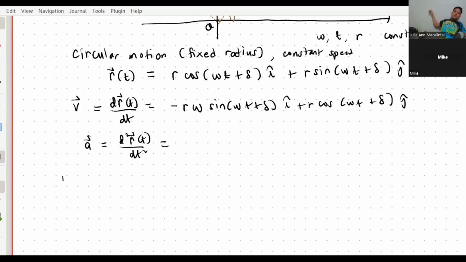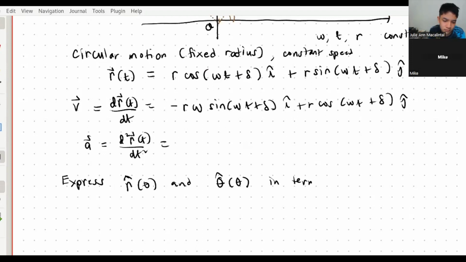And then, gusto kong express r hat of theta, kasi yung unit vector ng r hat depends on theta. Yung theta hat na vector natin dito kanina in terms of theta and i, j.